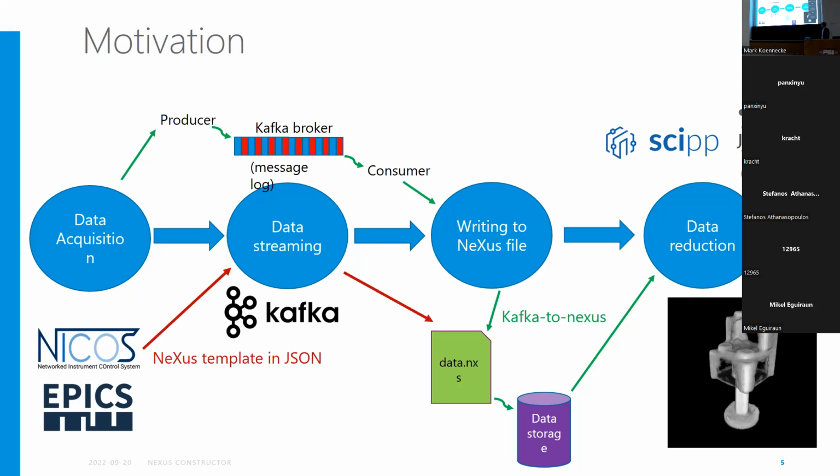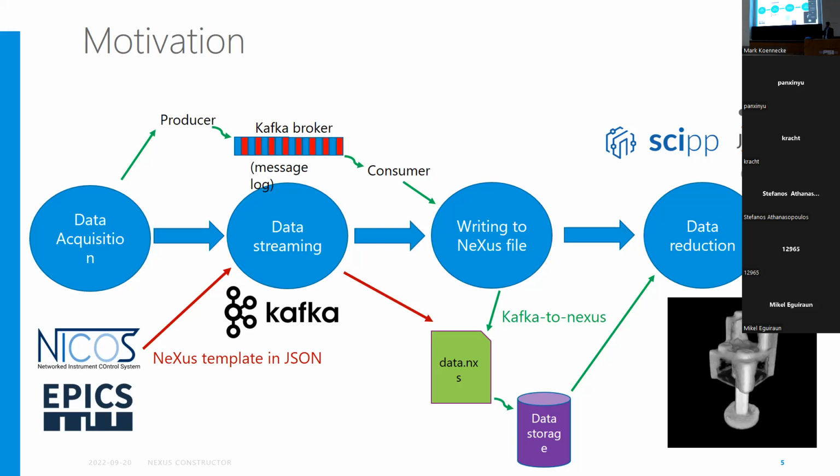The file writer in itself won't be clever enough to use the Nexus standard to define the complete data structure. It will depend on the experiment and on the instrument. So we need to somehow provide this information to the file writer. The approach we have used is to provide that through JSON files that define the complete structure of the data file, which is also sent through NICOS as a Kafka message.